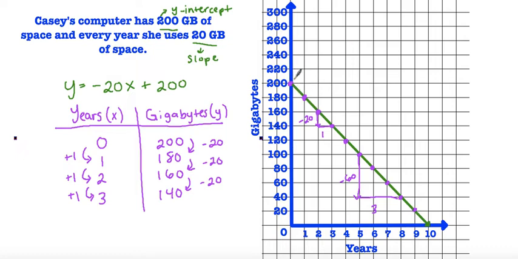And here we have our y-intercept, because we started off with 200 gigabytes. And here we also have our x-intercept, because this is where our line intercepts the x-axis.